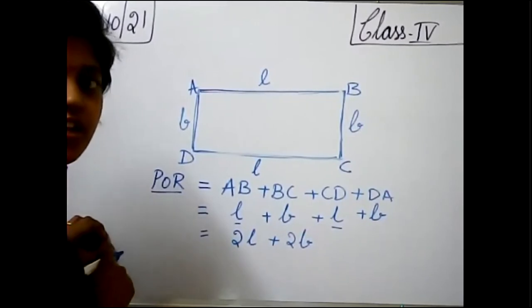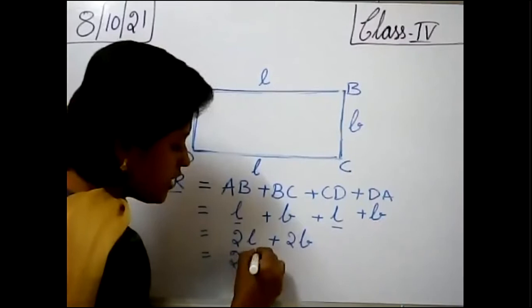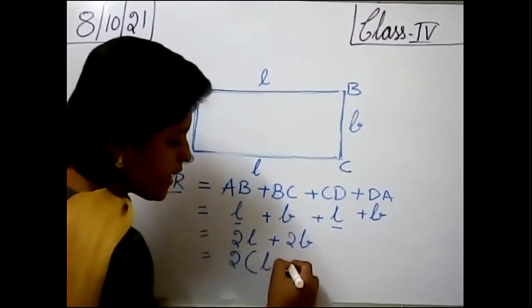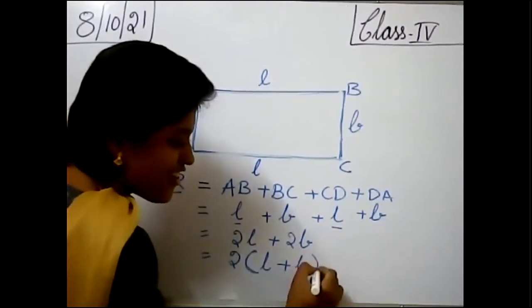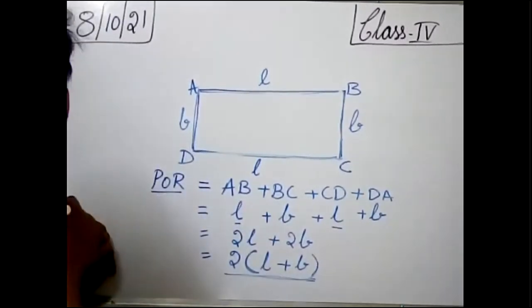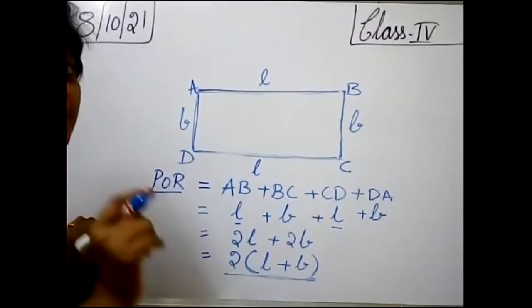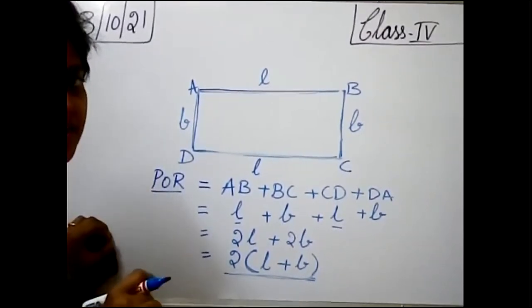Taking 2 out, it is 2 into L plus B. Children, what is this? Tell me which property is this? Addition. Repeated addition.